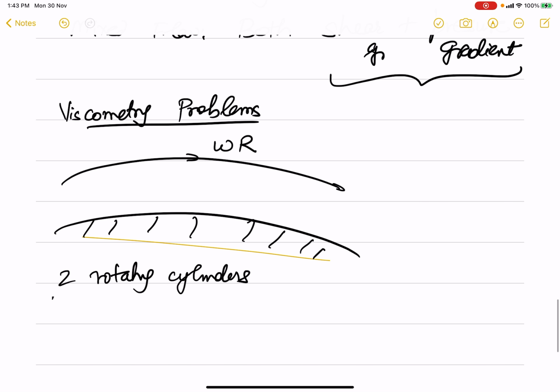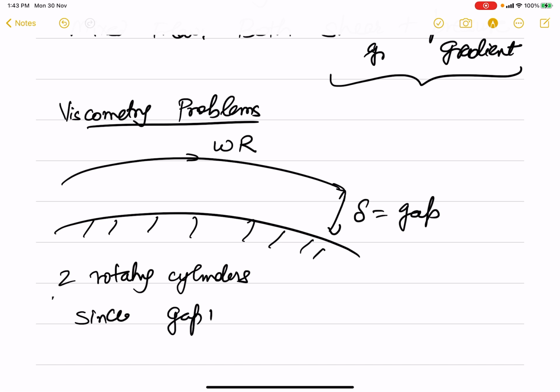Now here we said that, let's say, this delta is equal to gap, and we use the argument that since the gap is thin, we assume a linear velocity profile.